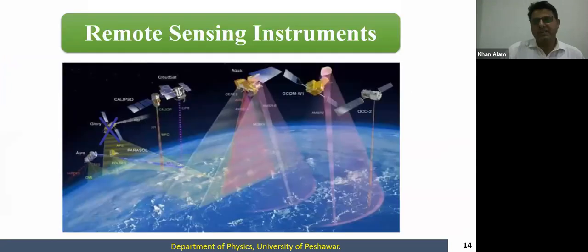Remote sensing instruments: there are multiple remote sensing instruments launched by NASA and other organizations in the world. These include CloudSat, CALIPSO, MODIS, Sentinel, OMI, MISR. A lot of sensors are orbiting around the world for monitoring aerosol, for monitoring cloud properties, for monitoring vegetation, for monitoring different gases.